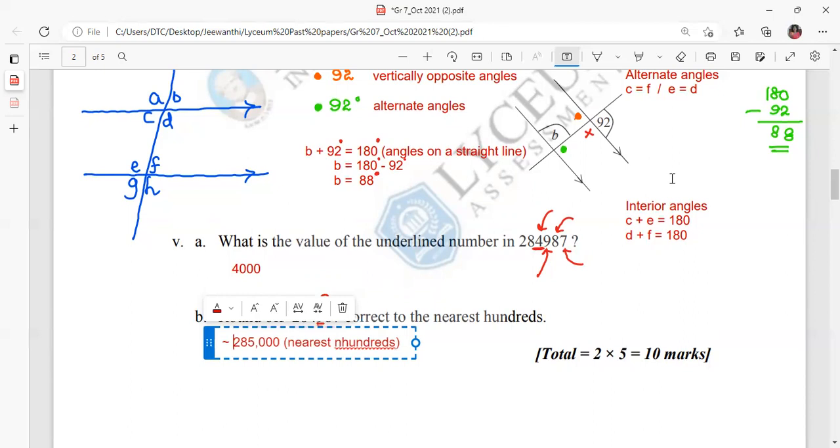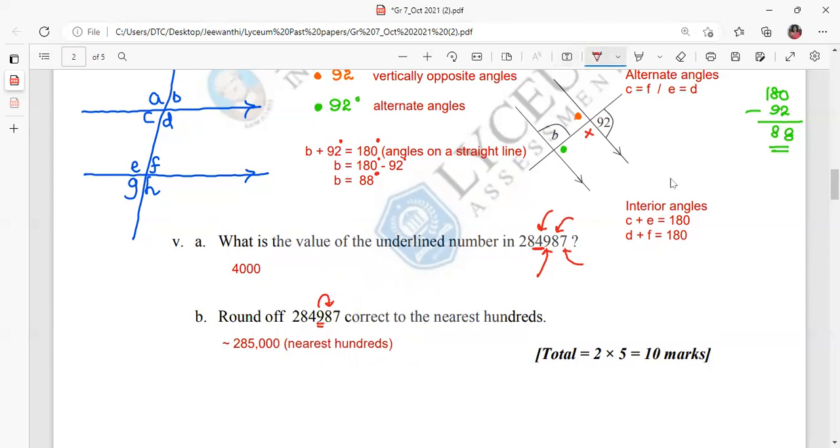So this is nearest hundreds. So then you can use this, approximately equal to, because that 9 becomes 10. We need to add 1 to the 100 place. That becomes 10, that means it is 0. Then that 1 passed to the other number, that becomes 5. Okay.